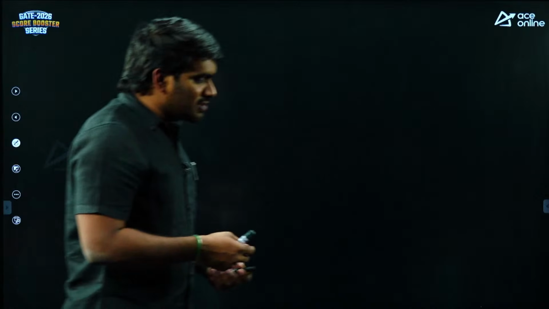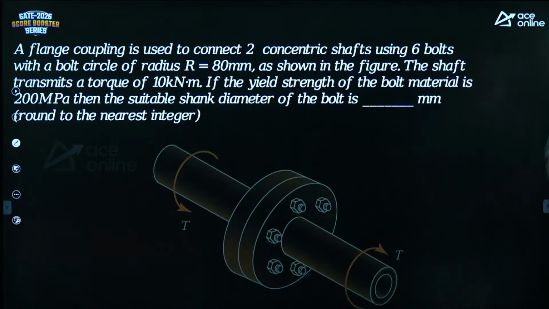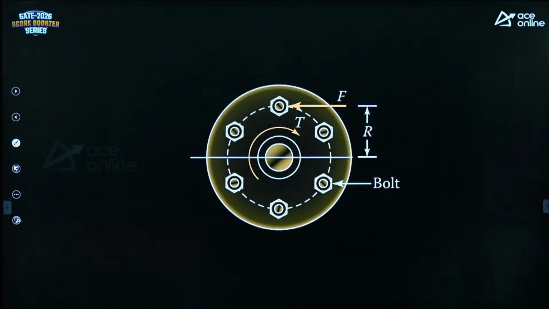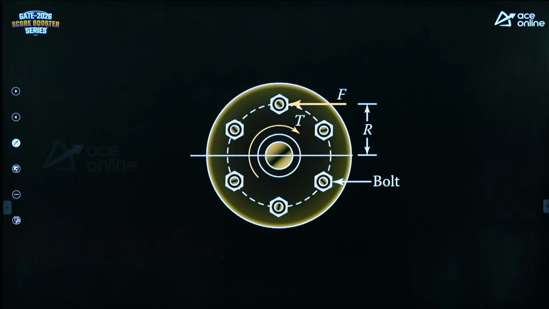See, these are not difficult questions, so you need to know the logic to solve these questions. That's it. Let's see one most interesting question here. A flange coupling is used to connect two concentric shafts using 6 bolts with a bolt circle of radius r equal to 80 mm. You can notice this is how the arrangement is looking.